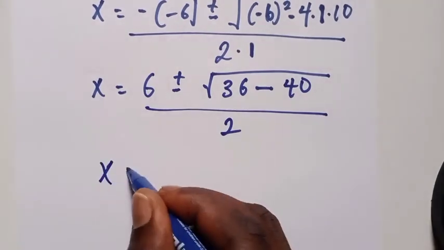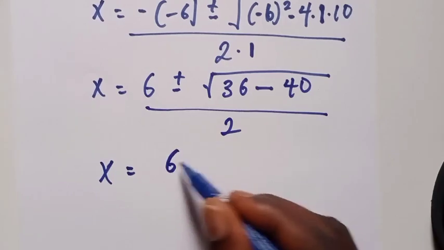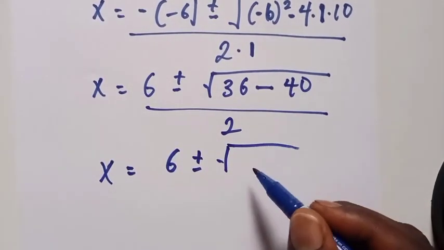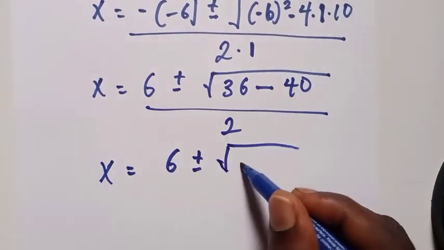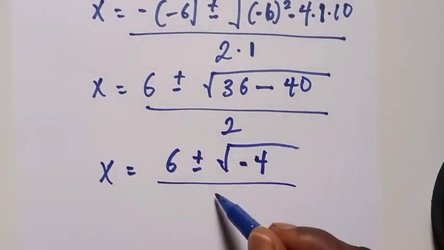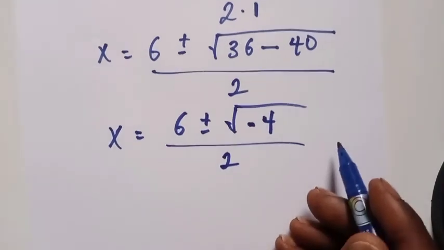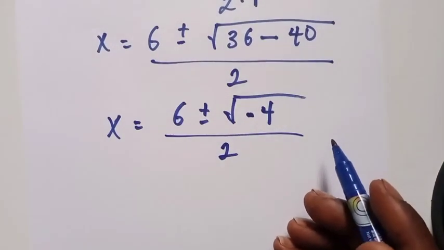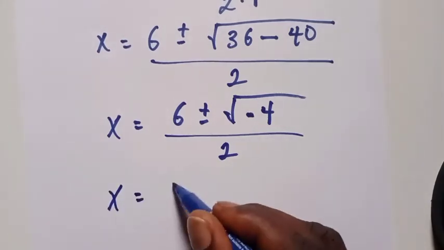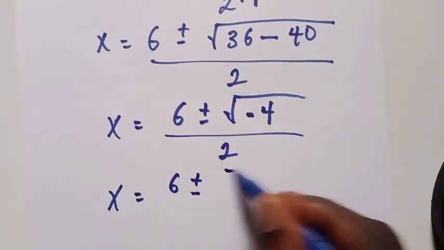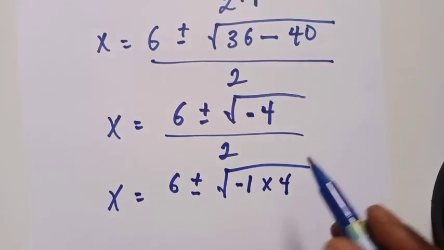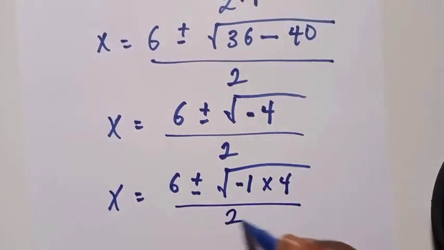From here, x will be equal to 6 plus or minus root of 36 minus 40, which is minus 4, over 2. So now we have x equal to 6 plus or minus root of minus 1 times 4, over 2.